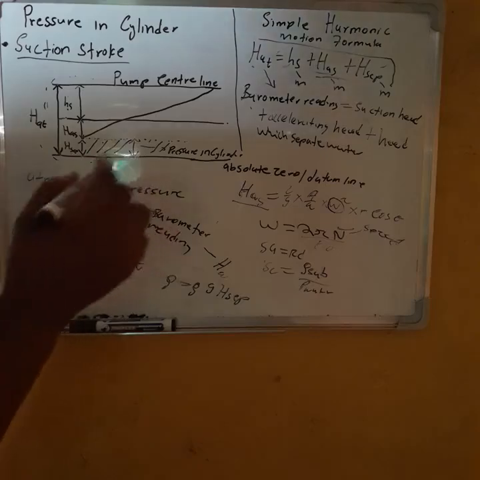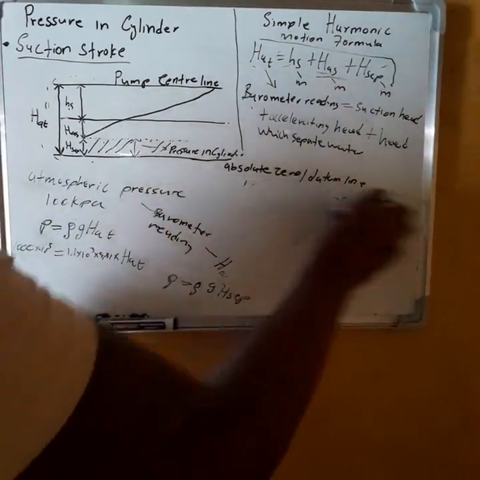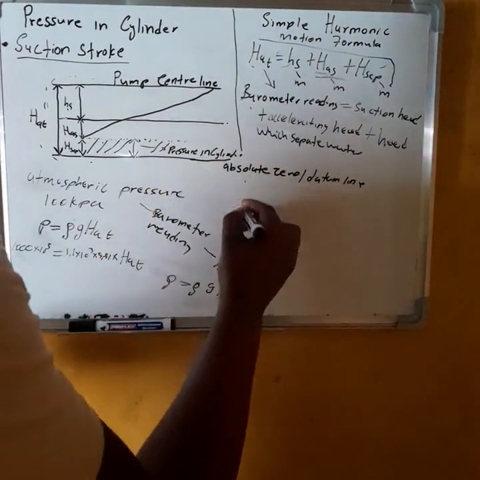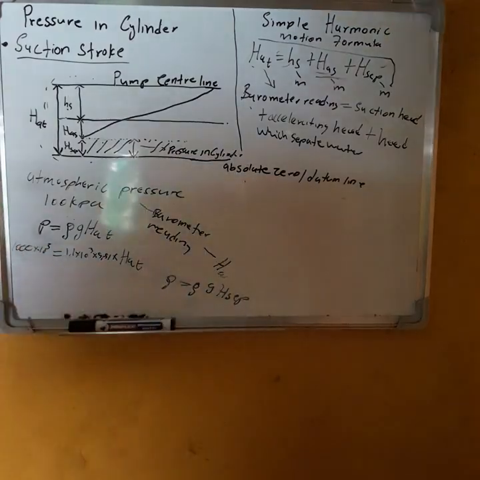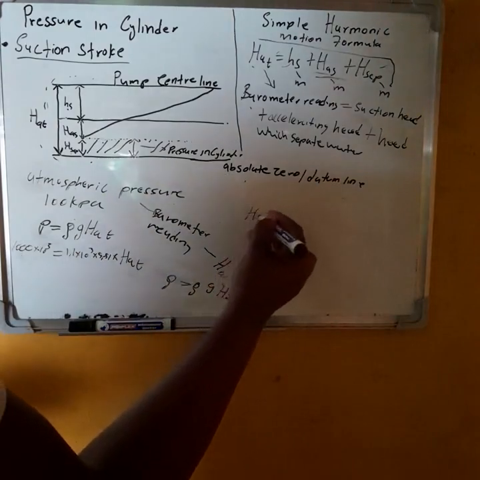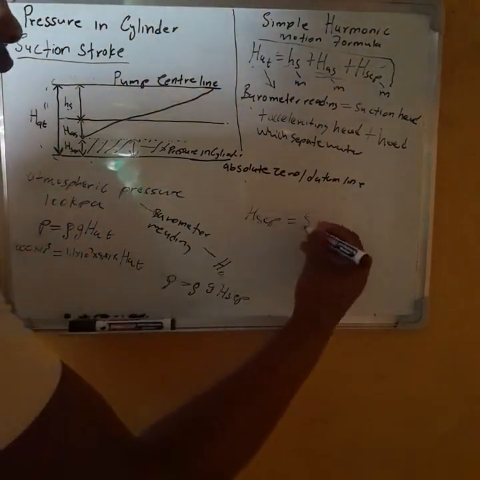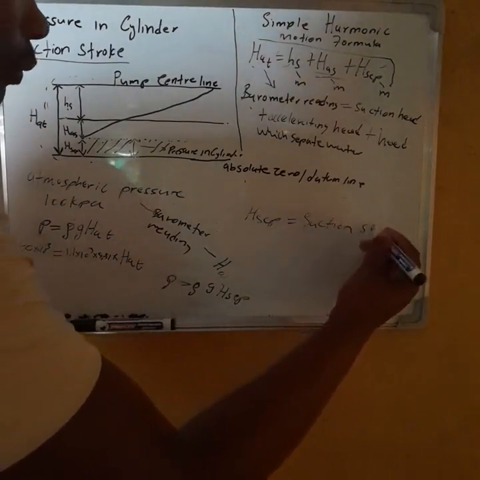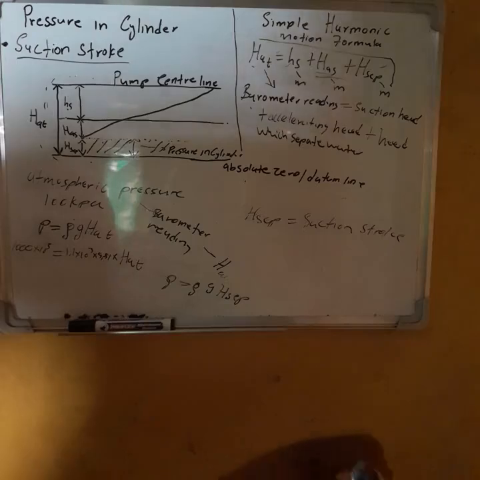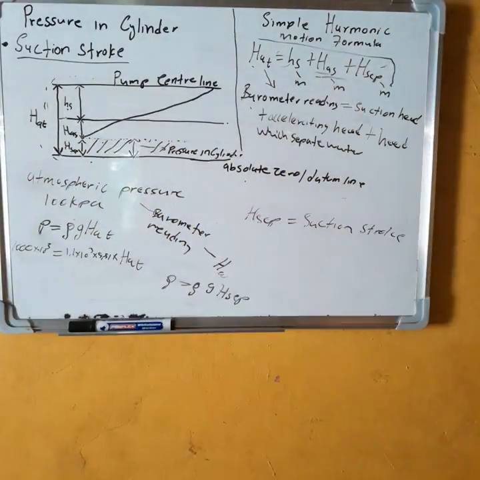H_sep, the separation head, only occurs at the suction stroke. Do not use it on the delivery stroke. There is no H_sep there. Hopefully you understood this, guys.